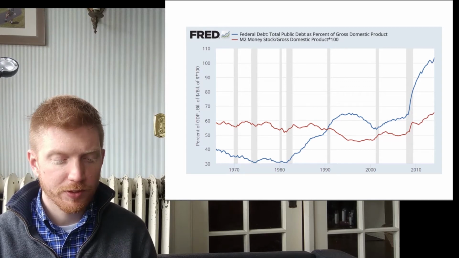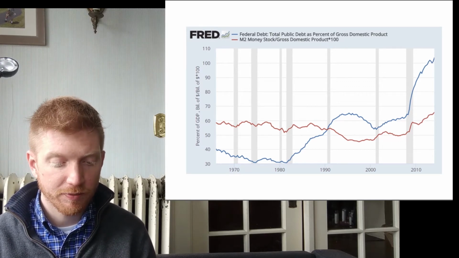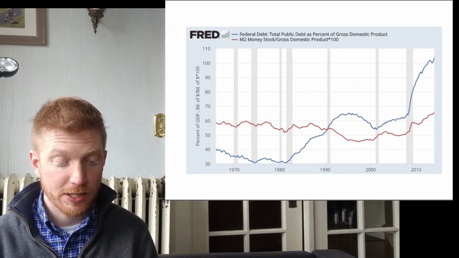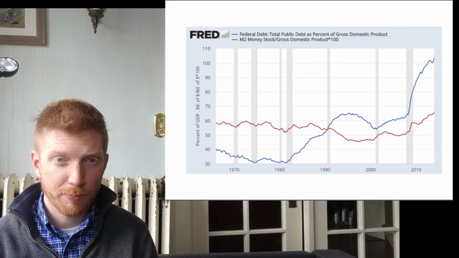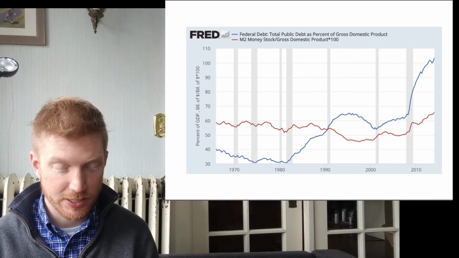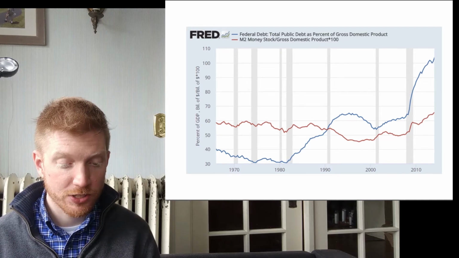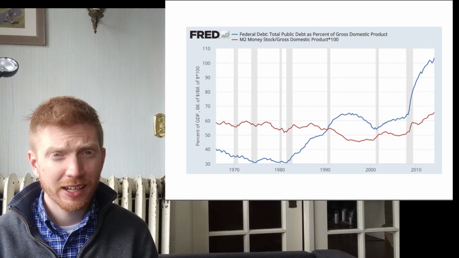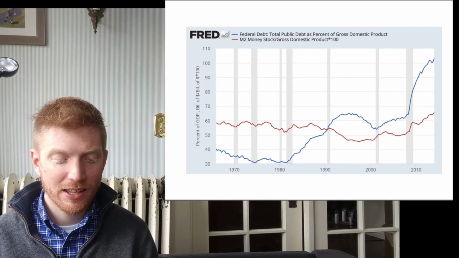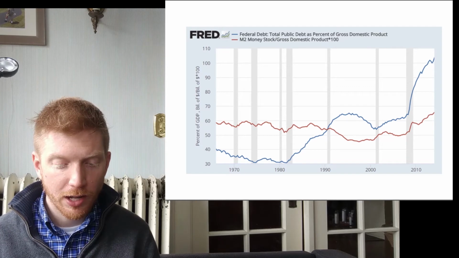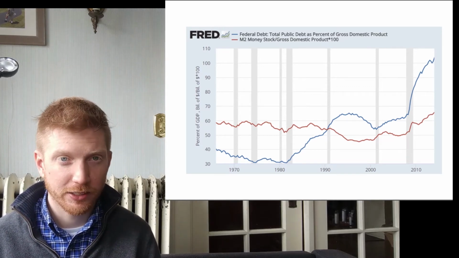Both of these series are being divided by gross domestic product, and this takes out some of the variability that is common to all of these different indices over time. We're just seeing how it changes compared to gross domestic product. And in this view, we see that these two things, federal debt and money stock, are not particularly looking like they are connected.